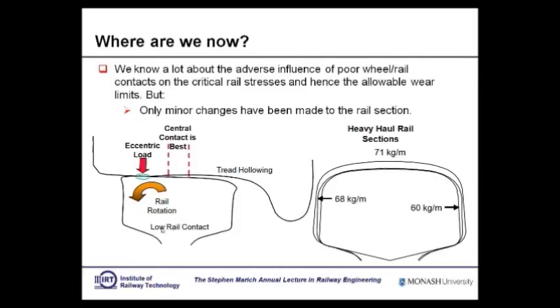The concept of why you need a big head, because you're just going to wear it out very quickly, doesn't really go into the North American mind. Very little work has actually been done on a redesign of the rail section. And as I said, the best rail section is actually a very squatty rail, one that has a little baby foot, a big web, and a big head.